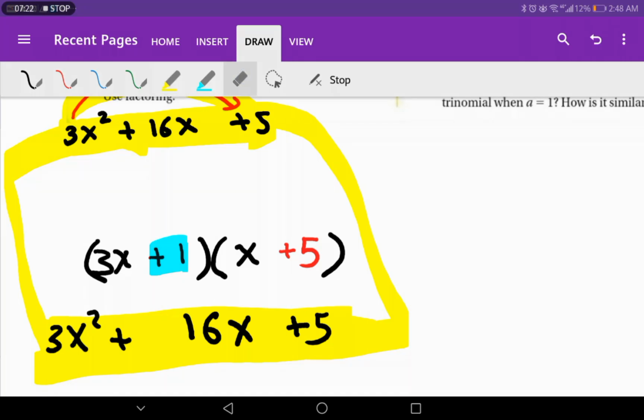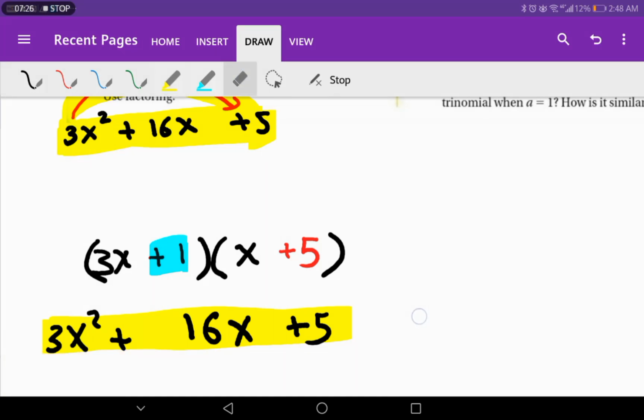So what we learned here is how to factorize a quadratic trinomial. So what is the difference between this lesson and the previous one?